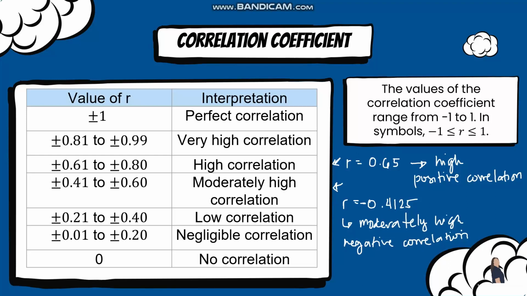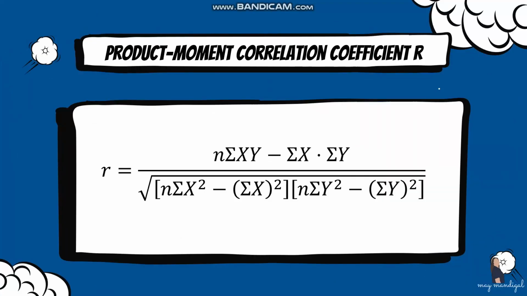So that is how we use this table. So again, we will refer to this one. We will be solving for r and we will try to interpret what's the relationship that exists between our variables based on the strength and direction. By the way, this is the formula that we're using to identify the product moment correlation coefficient r. As you can see, we have here the x and y, which refer to the two variables that we have.